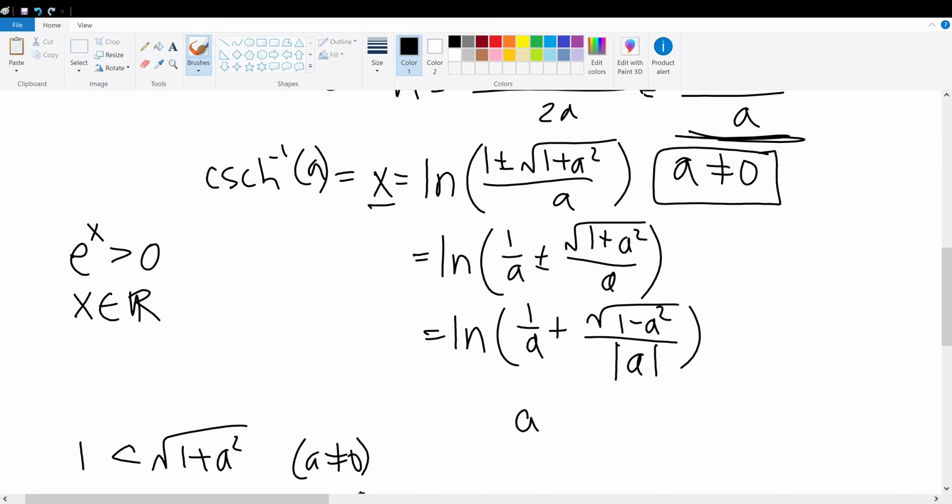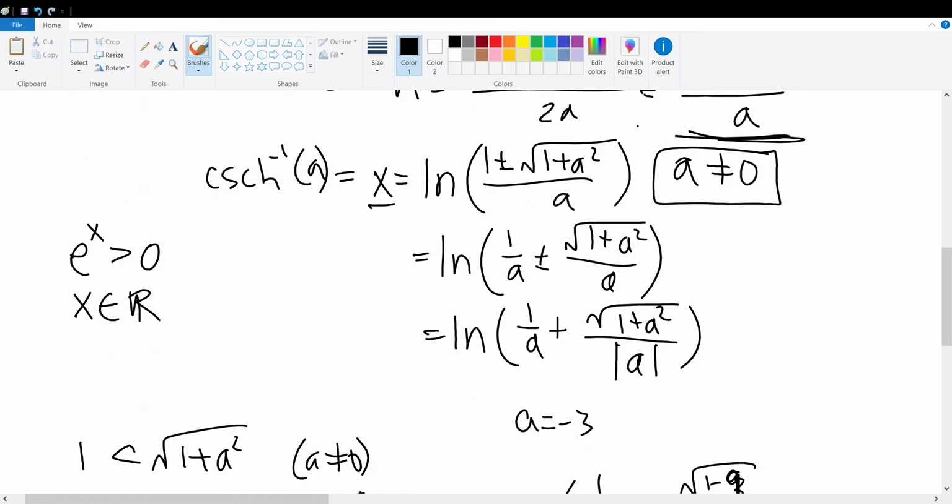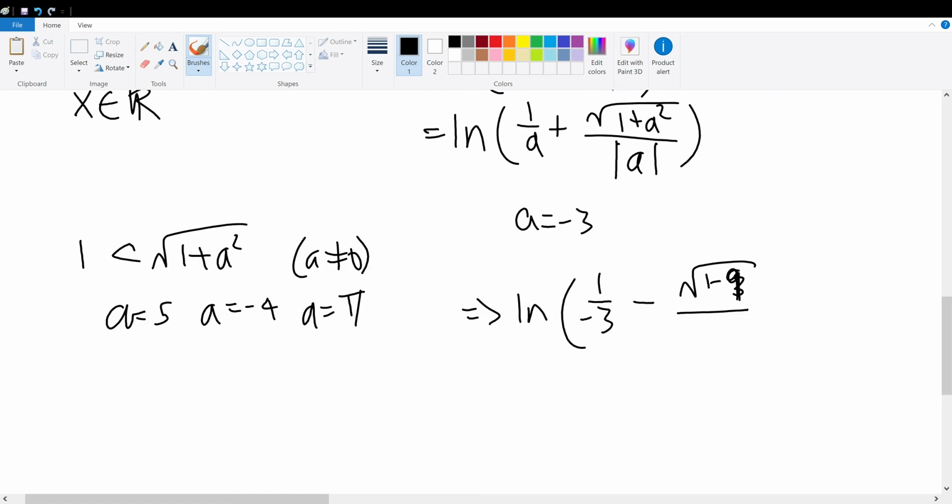Let's say a is equal to negative 3 without the absolute value symbol. That will be equal to the natural log of 1 over negative 3 plus the square root of 1 plus 9 divided by 3. This is supposed to be an addition sign, not a subtraction sign. My apologies. Well, the square root of 10 over 3 is obviously greater than negative 1 over 3.